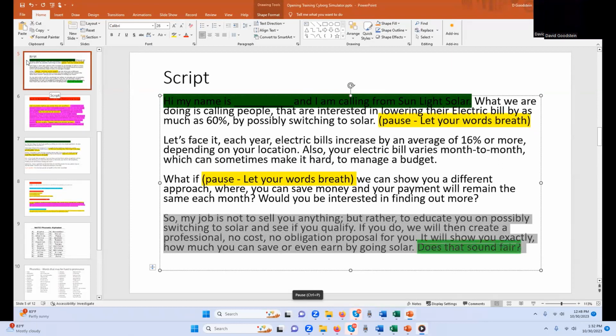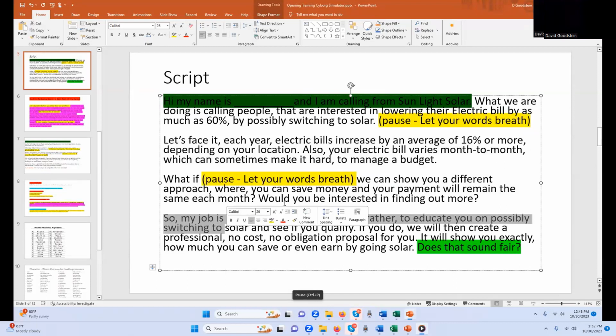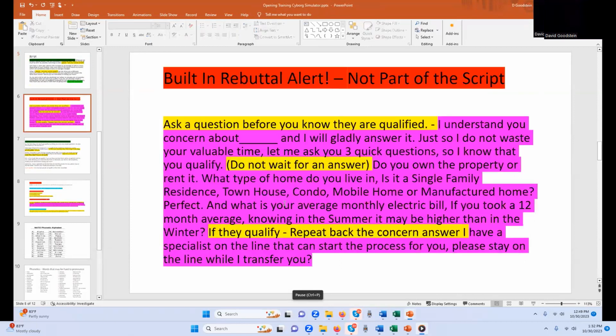So it's slide 5, paragraph 1, paragraph 2, paragraph 3, paragraph 4. And you're going to go in one by one and learn each paragraph. We have a built-in rebuttal. It's not part of the script, but generally, that's where that question is going to come up from the customer.